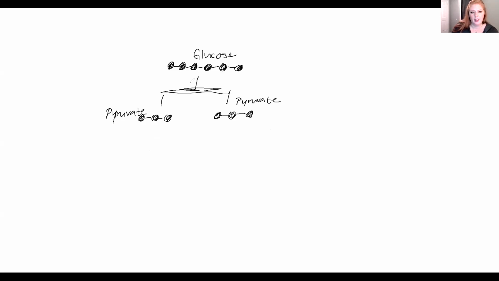Okay. This step right here, where we go from glucose to our pyruvates, this step is glycolysis. We have glucose, goes through glycolysis, we end up with 2, 3 carbon pyruvates.